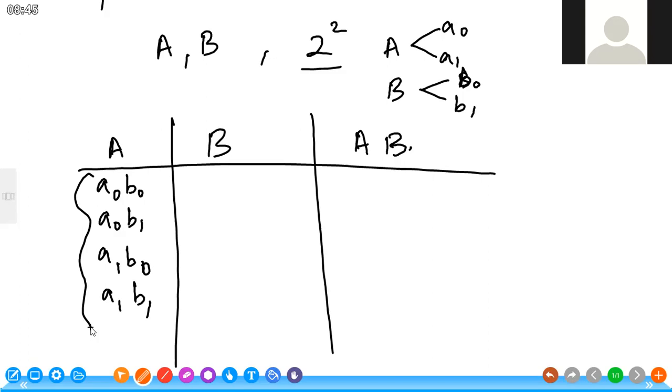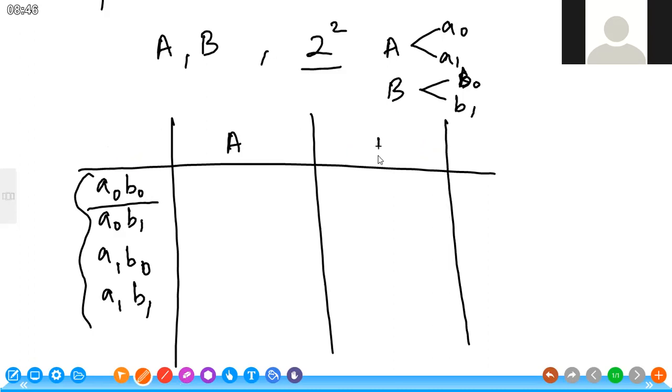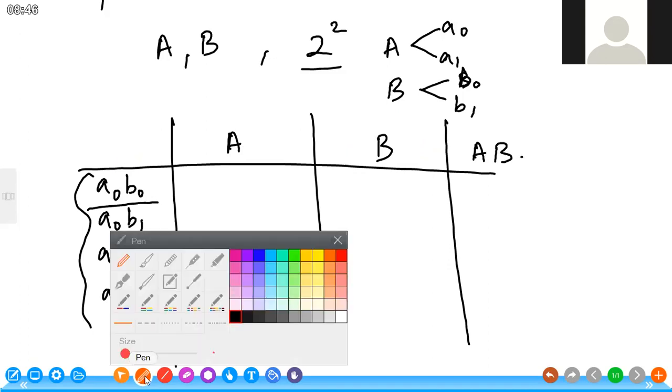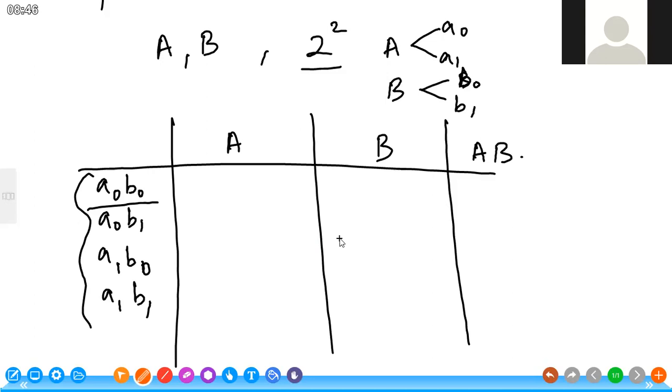So here, when you talk about A naught and B naught, how do we decide whether A and B are positive or negative?